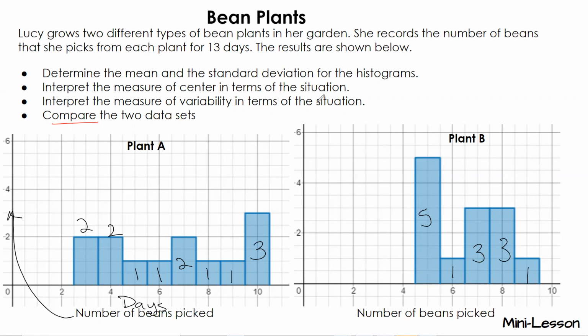Okay, so how would we determine the mean on this side? We're looking at the number of days, right? So what are we going to have when we write out our mean? Probably 2. Okay. How many times?